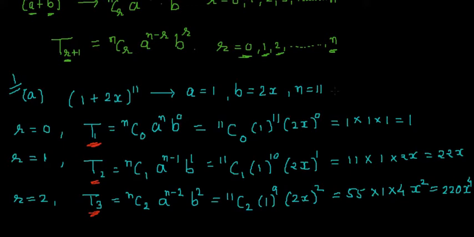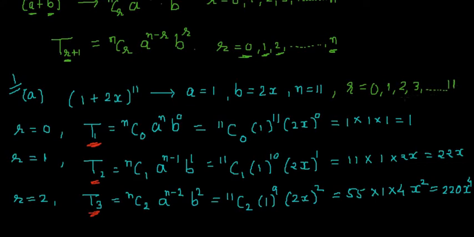So the possible values of r are 0, 1, 2, 3, 4, and so on, till 11.